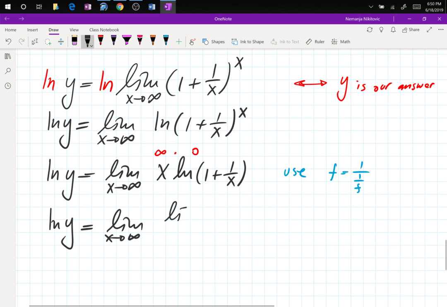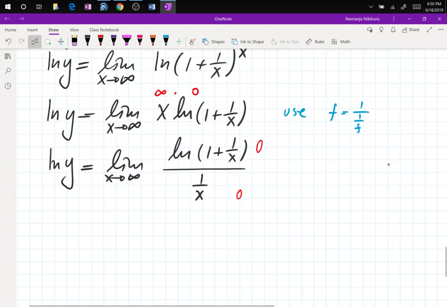Kick x downstairs, so we have ln of 1 plus 1 over x divided by 1 over x. And now you have 0 over 0 finally. When you plug in infinity for x, you get ln of 1, which is 0, and you get 1 over infinity, which is 0. So we are ready for L'Hopital.